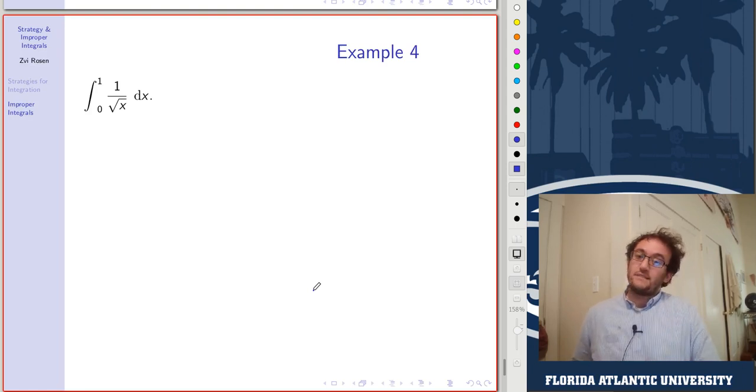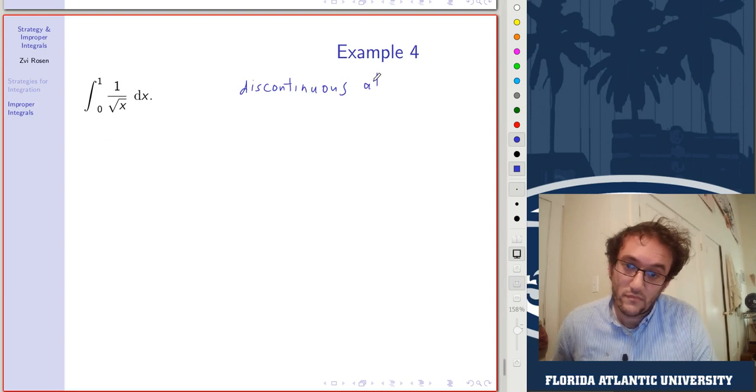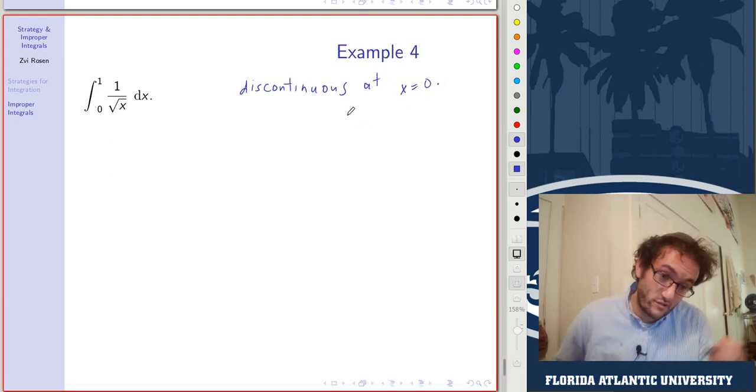So let's look at an example of a type 2 improper integral. We're computing the integral from 0 to 1 of 1 over the square root of x dx. Well, let's see what happens. So we have the standard antiderivative here. Well, first, where is it discontinuous? This is discontinuous at x equals 0, and it's not even defined for x less than 0.